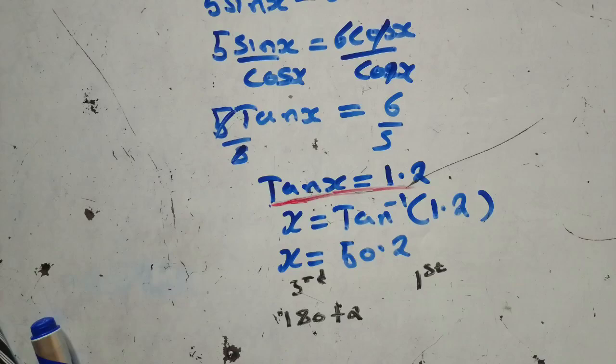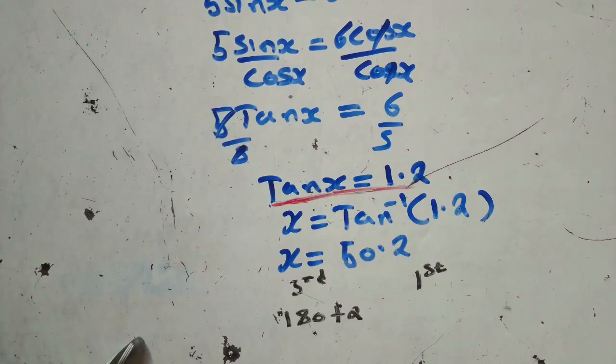That's how we find the value of the angle when tan is positive, in the third quadrant. And then in the first quadrant we just take the value which we have found, 50.2. So we're going to have two answers.